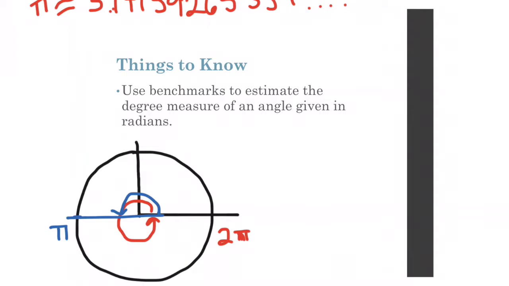So that means that this point here, which we usually say is 90 degrees, would be equal to half a pi, or pi over 2. And then one more benchmark to go through, and I'll just make this one here. So this measurement here is 270 degrees, and that's going to equal about pi and a half a pi.